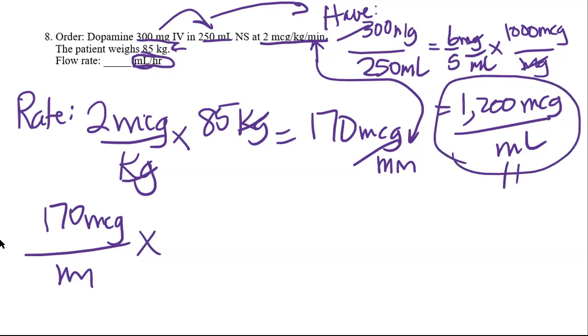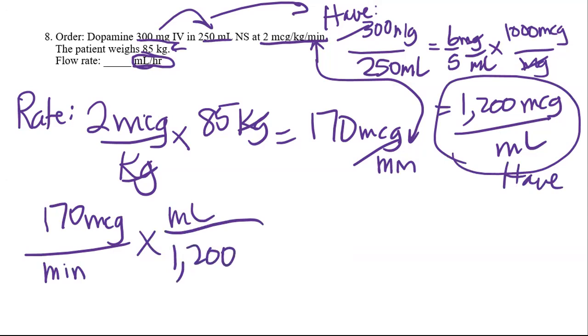This is what we have. So let's get milliliters up here. This is micrograms per minute. Let me make that look more clear. Minute. Okay. 1 milliliter and 1,200 micrograms.